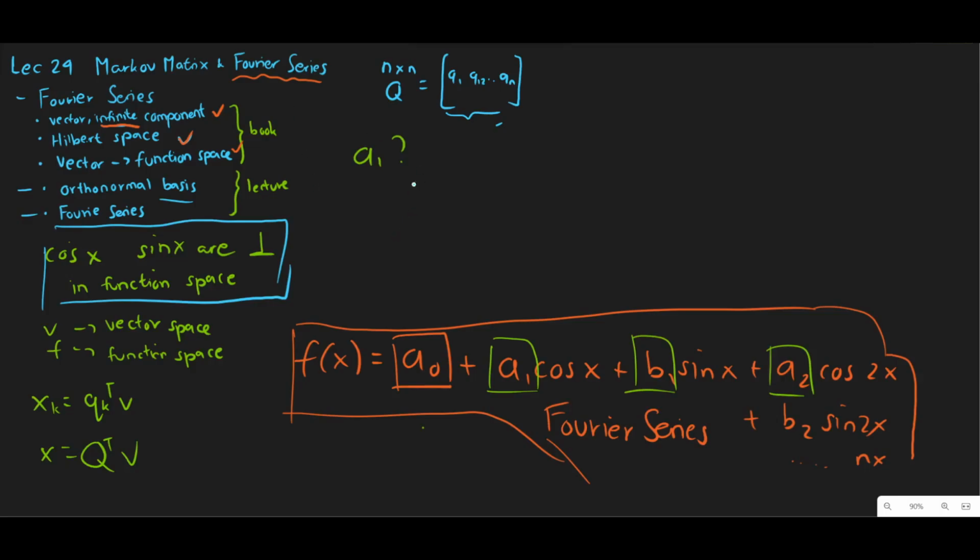Before moving further, I just want to put the Q here so that it can help you see the comparison between the vector space and the function space. What we used to have as our orthonormal basis, we now have these bases.